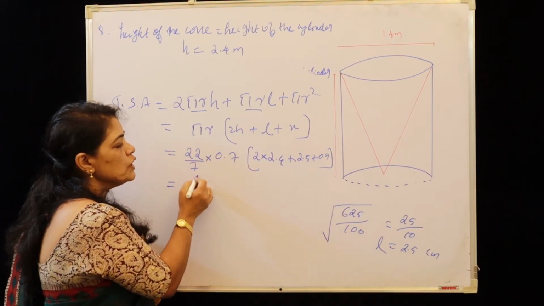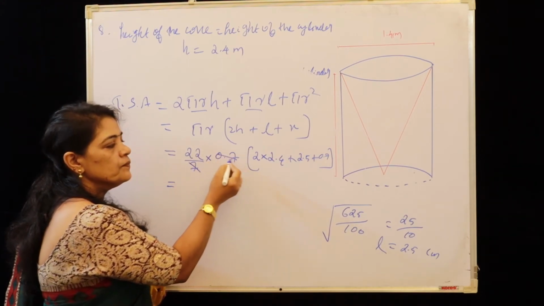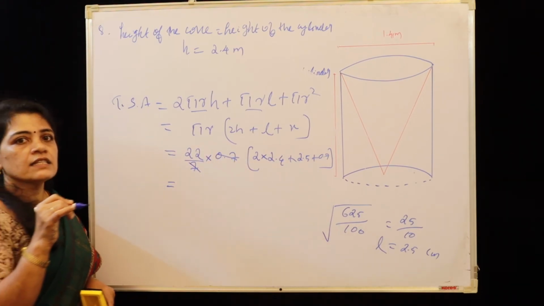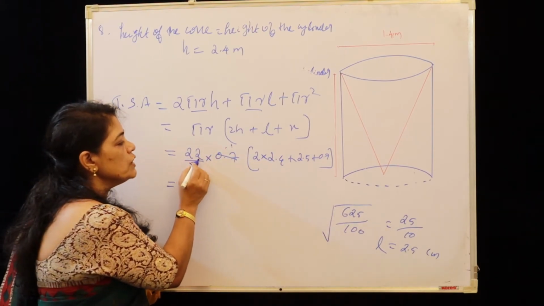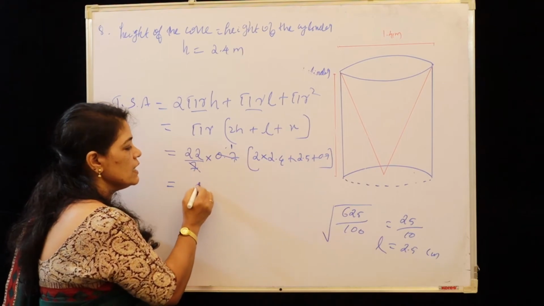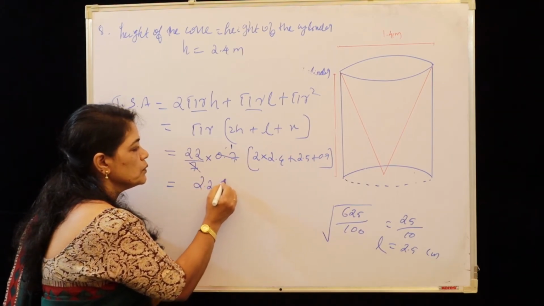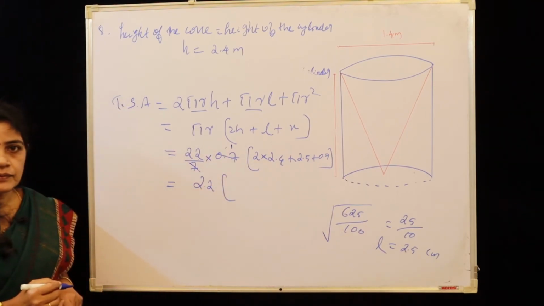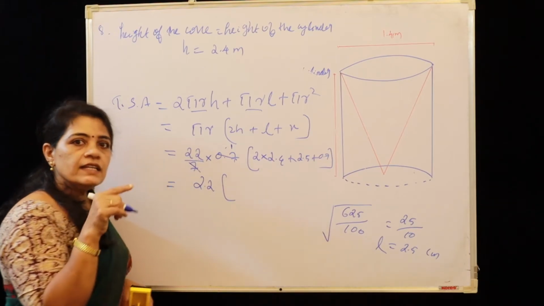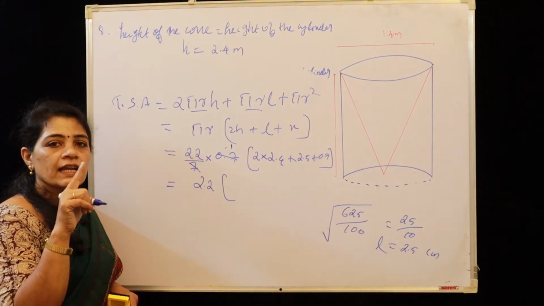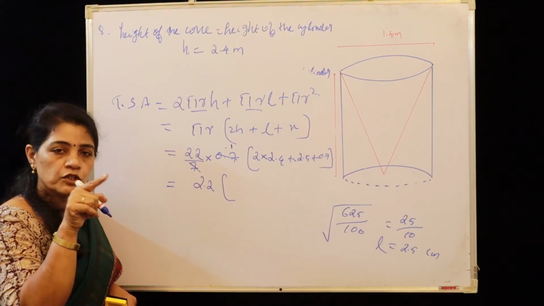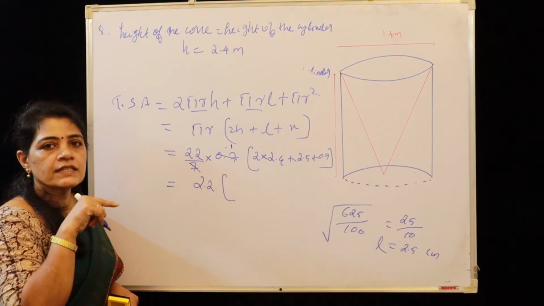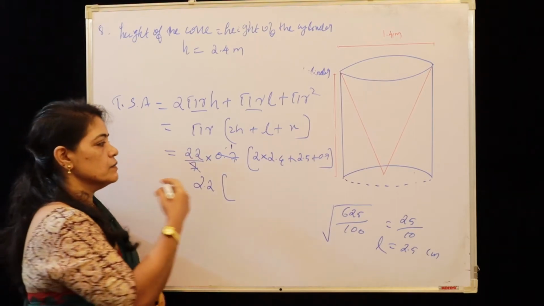That is 22 by 7, 7 in 0.7, that is 0.1. So 22 into 0.1 is 2.2. Hope this is clear. 7 in 7 one time, so we are taking a digit after the decimal point, so you have to put a decimal point, and 7 in 7 one time, that is how 1 comes.